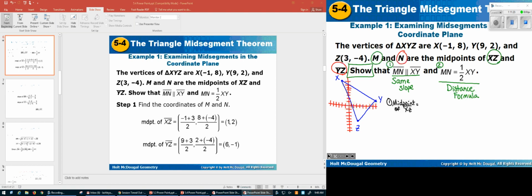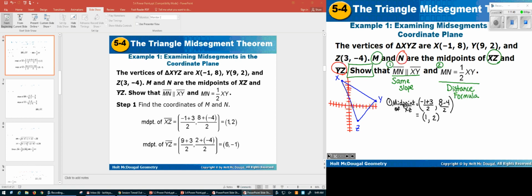So I'm going to add -1 and +3, so -1 plus 3, and divide by 2. Are we good? And then 8 and -4, so 8 minus 4 divided by 2. And that's going to simplify to what? +1 and +2. So then we're going to graph that.